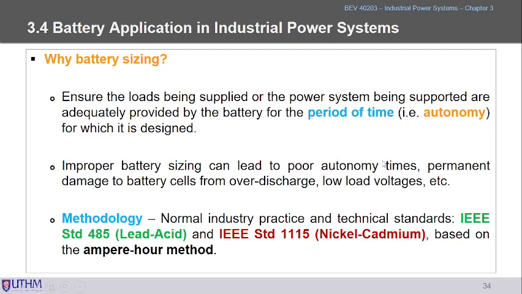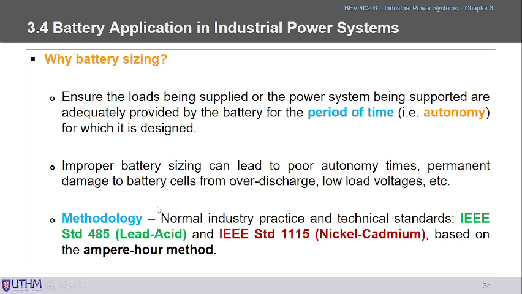For example, sometimes we need 2 or 3 hours to back up our data during the power outage. So if we don't have sufficient autonomy time, our data might not be well backed up, and maybe you will face permanent damage to the battery cell as well, due to improper battery sizing.